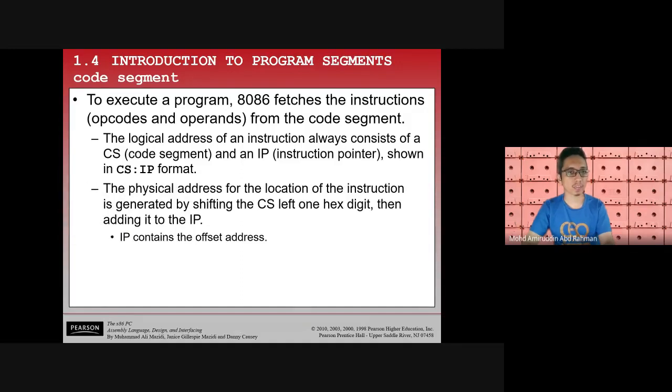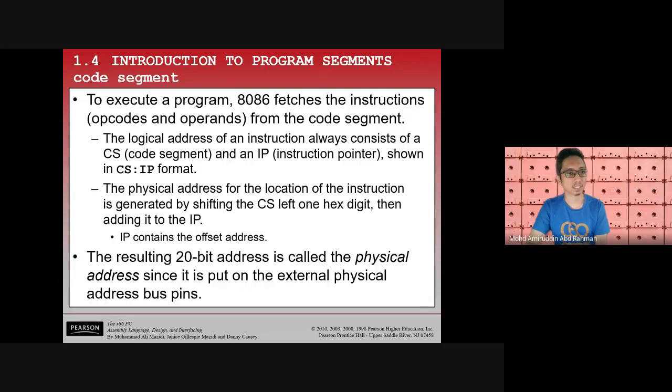The physical address for the location of the instruction is generated by shifting the CS left 1 hex digit and then adding it to the IP, which contains the offset address.